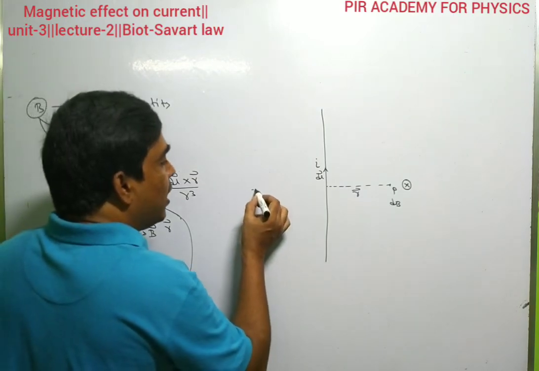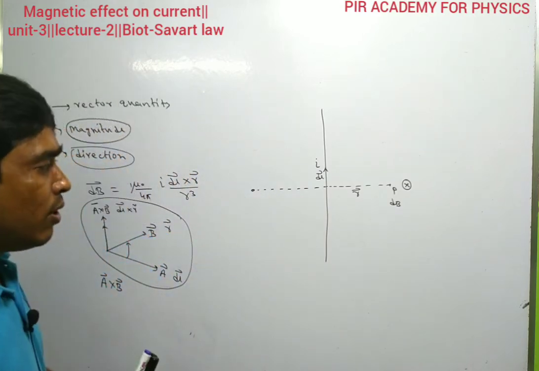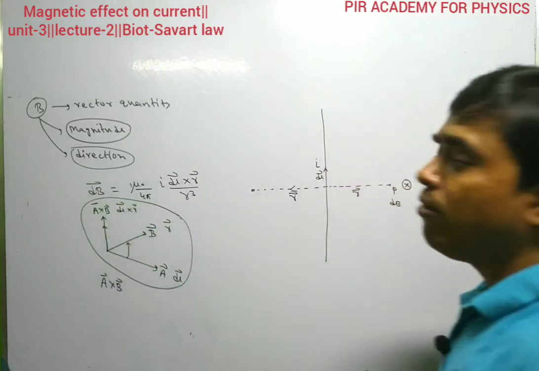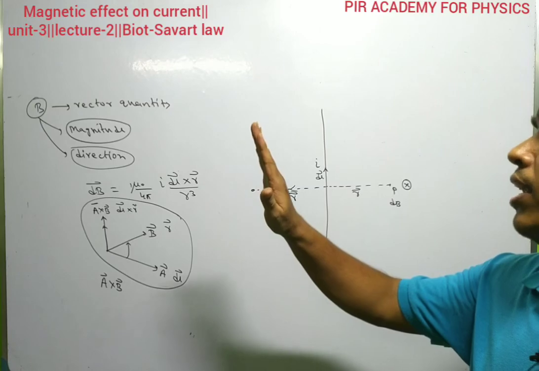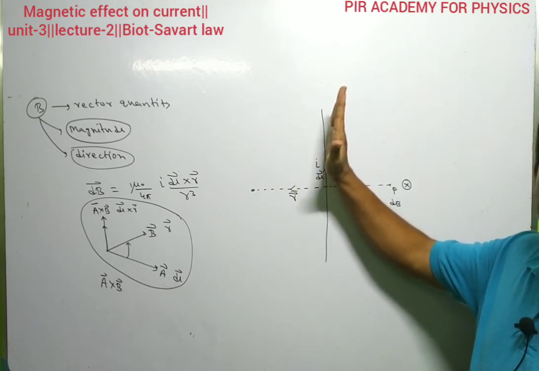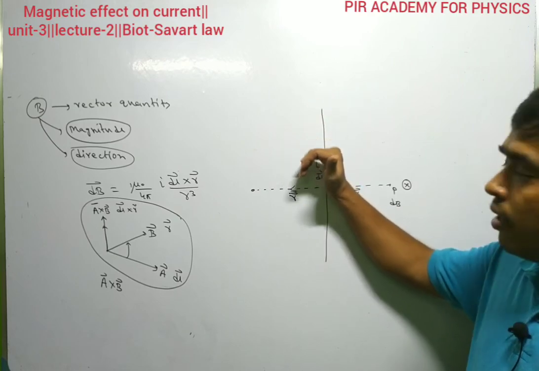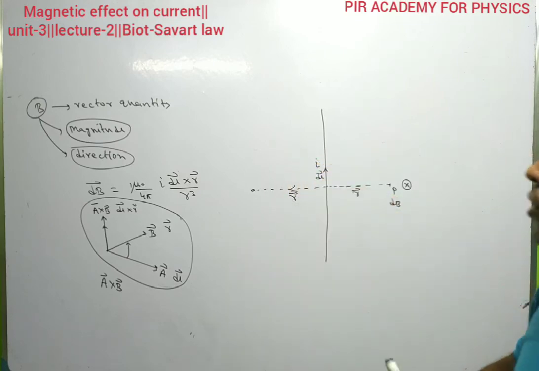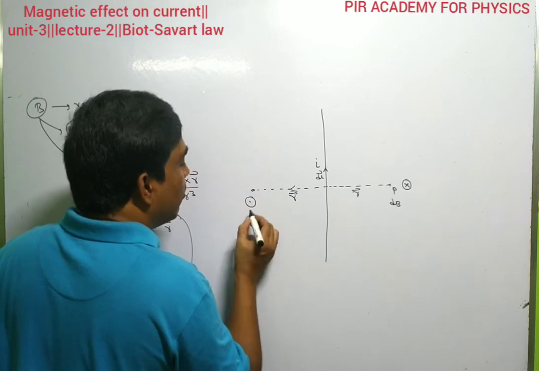If I want to find the magnetic field at this other point, what will be the direction? Here the direction of r is along this direction, and suppose this is my right hand. I spread it along the direction of dl, that means current. I turn this forefinger toward the direction of r vector, then the direction of magnetic field is along this direction.